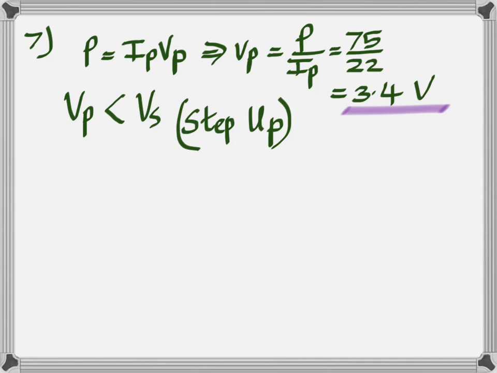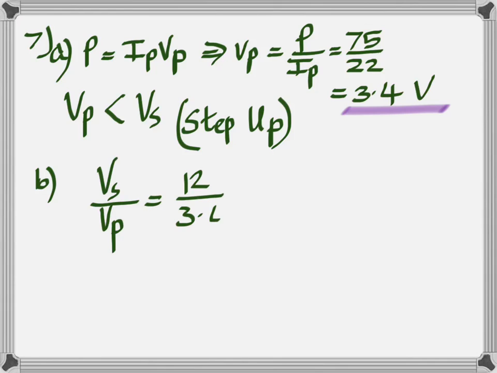From that you find that the primary voltage is 3.4, while the secondary was how much? 12. Therefore it's a step-up transformer. And what is the transformation ratio? That's Vs by Vp, which would be the same as Ns by Np. It's called the transformation ratio, which is 3.5.